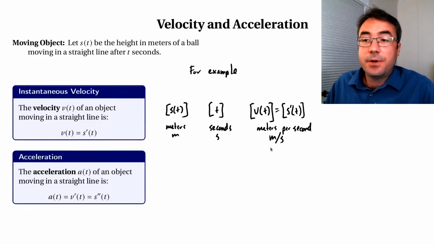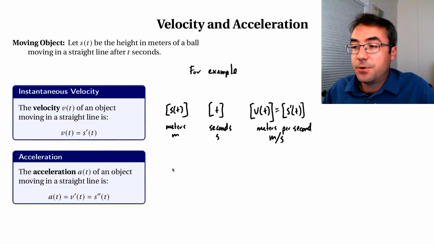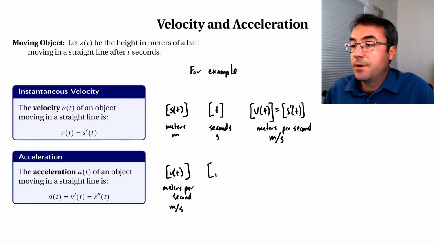Now there is also another function that we can define called acceleration, and the acceleration is just the derivative of velocity. So we could look at the units for acceleration. The units for velocity are meters per second, m over s. The units of time are seconds in this example.